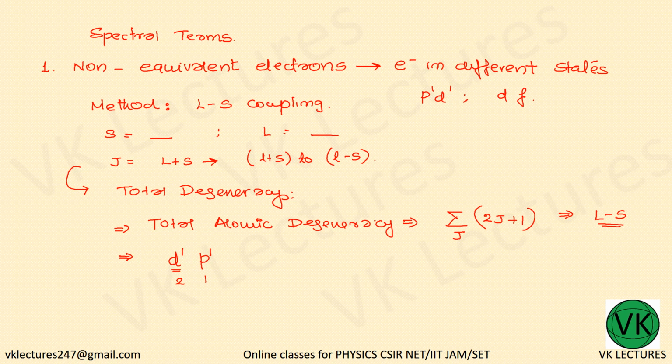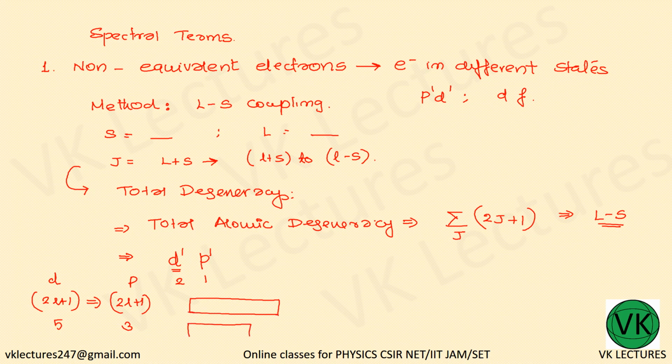It is 2L plus 1. If you put L equal to 2, you will get 5, so 5 orbitals. Similarly for P, 2L plus 1 gives 3 orbitals.